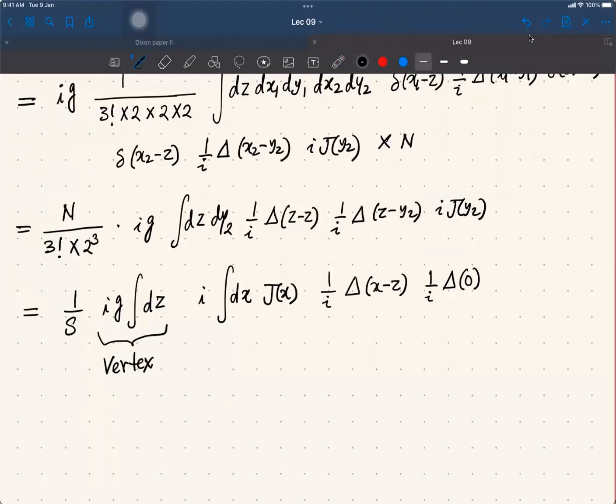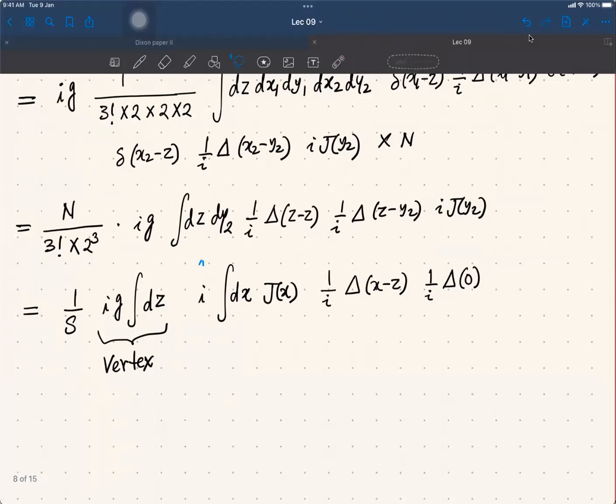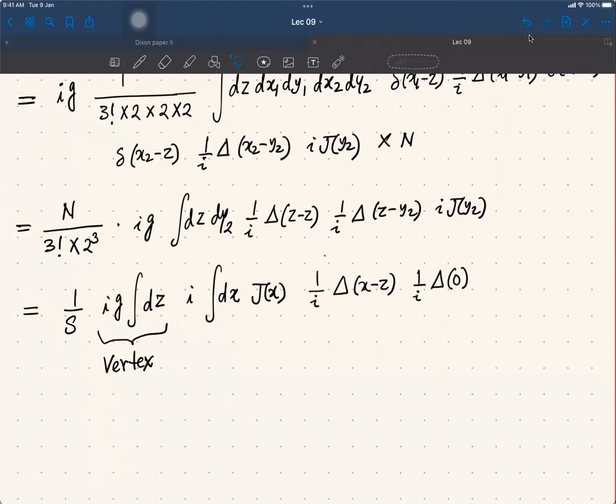So if you want to have a diagrammatic representation of this, how would it look? There is a dot here because there is a source here. So there is a dot, then there is a propagator from x to z, and at z you have a loop with this as a vertex factor.